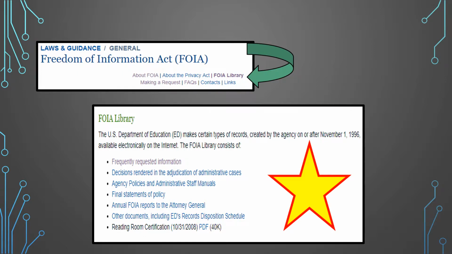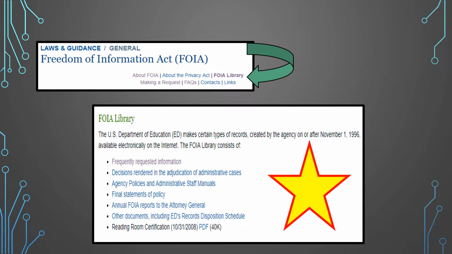So this large section here where the blue arrow's at, it says the Freedom of Information Act. And there's this little diary of different links that you can select about FOIA, about the Privacy Act, FOIA Library, making a request, etc. So that gives you a lot of options right there. If you just want to browse and look around, you can click on those, or you can simply go straight to making a request.